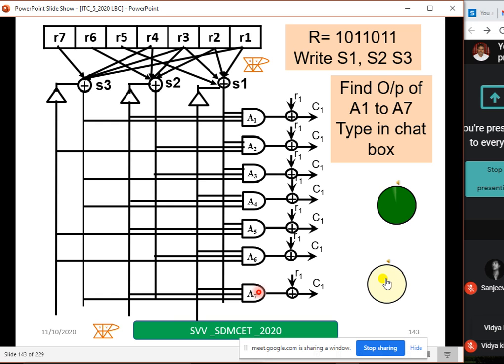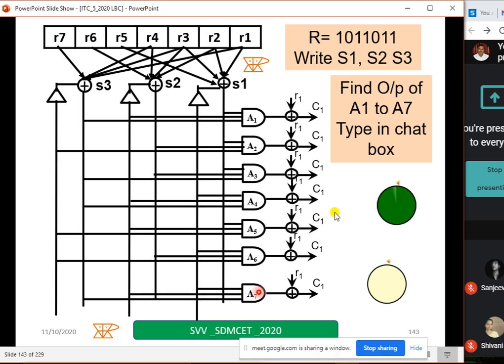A7 is 0, Simran. Ritika is typing, Chaitra, Harsha, A6 1. So happy to see all your answers. Charan has typed, A6 he has missed, means A6 is 1, remaining all are 0. Shilpa is typing A7 1.